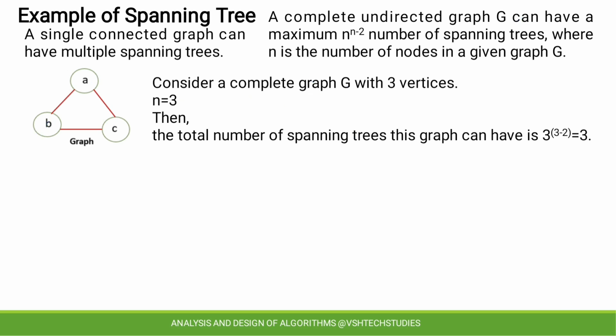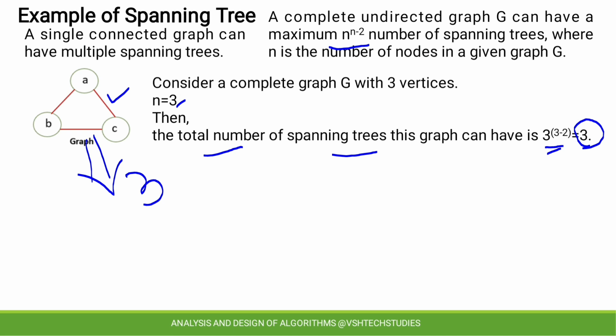So for this complete graph with 3 vertices, that is n equal to 3, the total number of spanning trees that we can obtain, as per this formula, is n raised to n minus 2. So n is 3. 3 to the power of 3 minus 2. 3 minus 2 is 1. 3 to the power 1 means 3. So the total number of spanning trees for this graph will be 3.